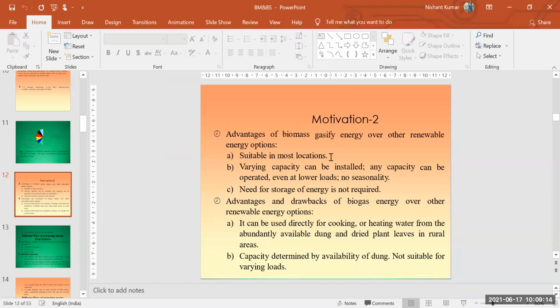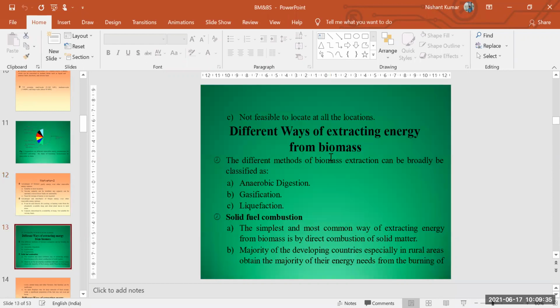The capacity is determined by availability of dung, not suitable for varying loads. Now see the availability, as we told, the availability of dung should be clear for this installation of these plants. Another is it is not feasible to locate at all the locations.